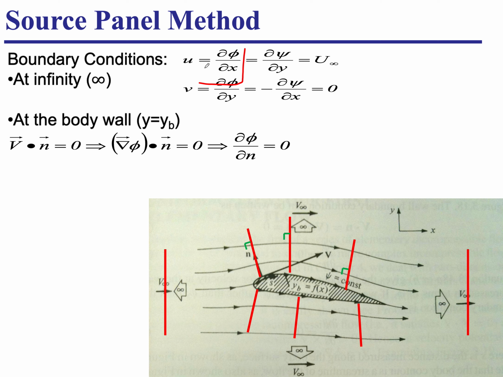So the velocity vector is related to the velocity potential according to d phi dx and d phi dy, which you can plug in here.